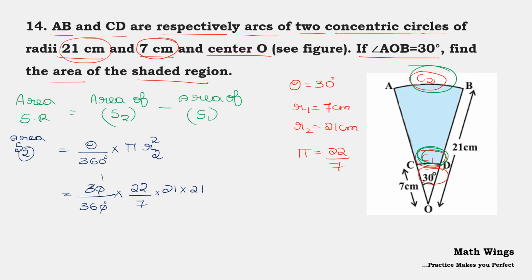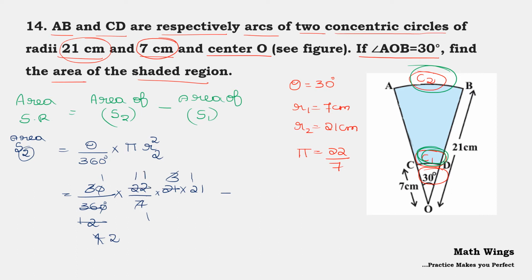3 ones are 3, 12s are, 7 ones are, 3s are, then 3 ones are 3, 4s are, so 2 2s are 4, 2 11s are 22.